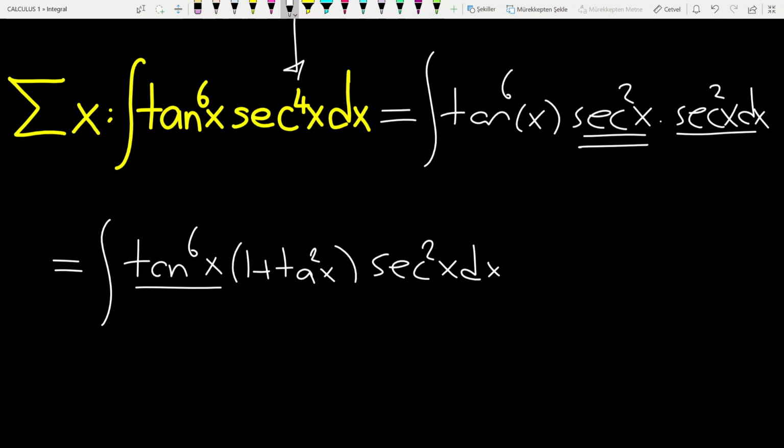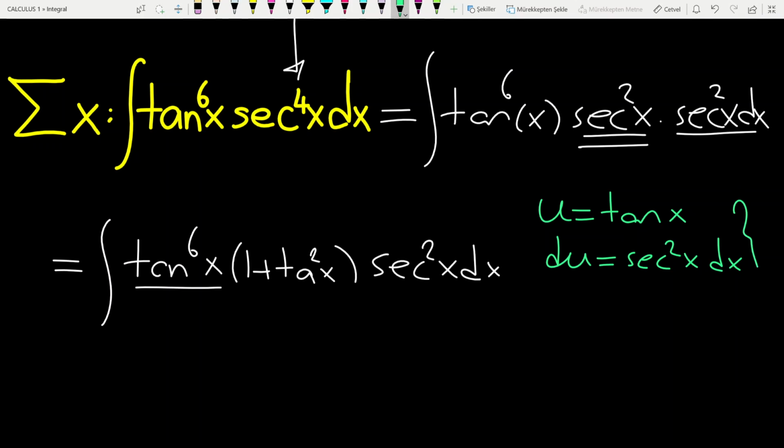In this step, I want to use the substitution rule. Let's say u is equal to tangent x, and differentiating each side, I have du is equal to secant squared x dx. Let's use this substitution in this step.